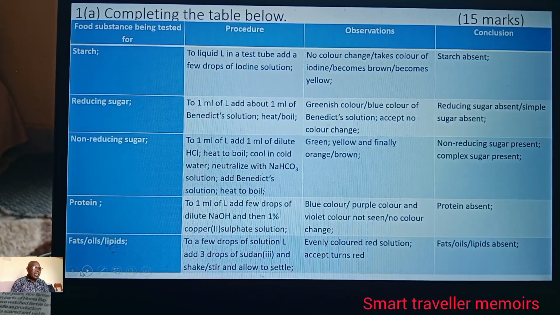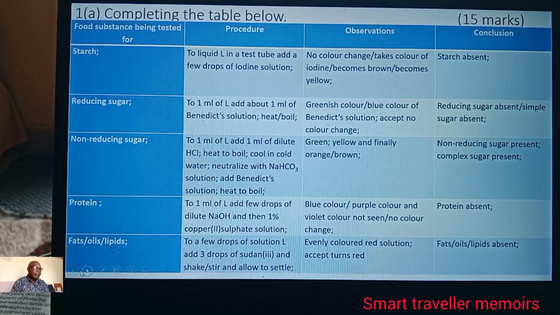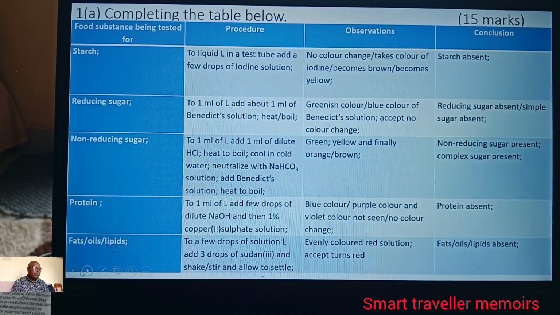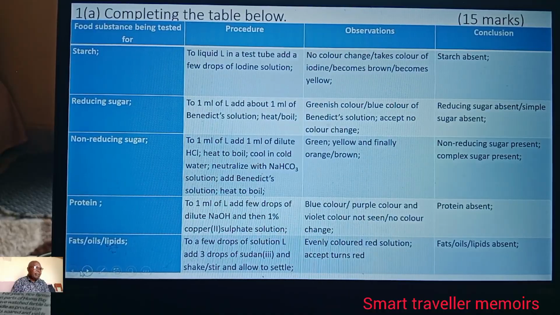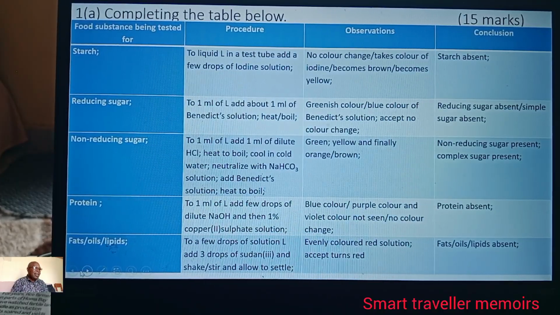Protein absent. And finally, for fats, oils or lipids as the food substance being tested, the procedure is you add a few drops of solution L and 3 drops of Sudan III, shake or stir, and allow to settle.